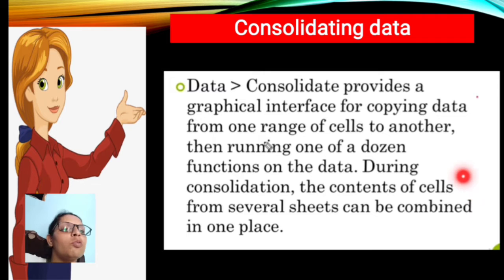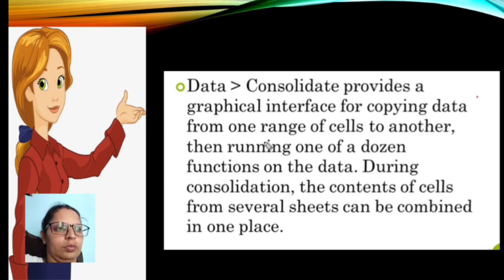Means whichever data you enter, you can combine in a single sheet. Consolidating means you can combine data from one or two worksheets in a single worksheet. So this thing we can say.